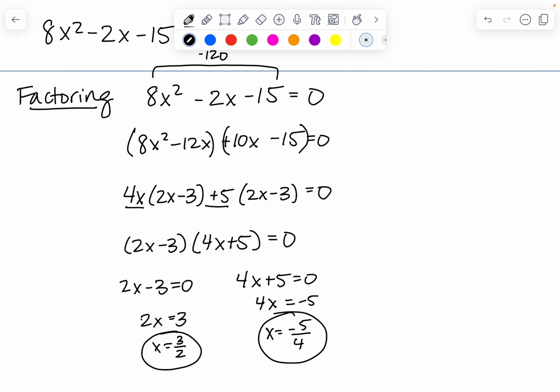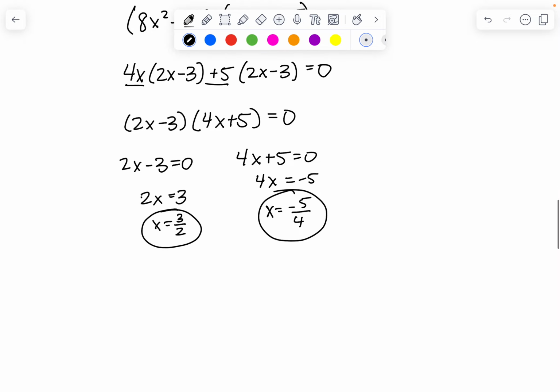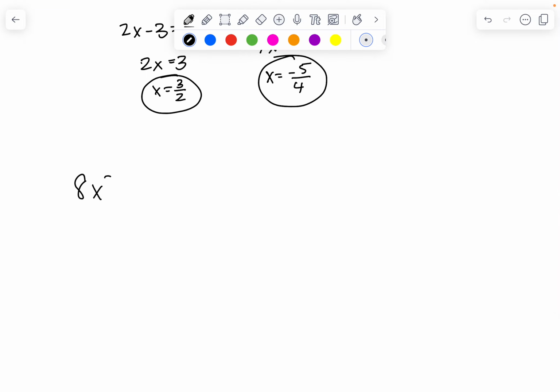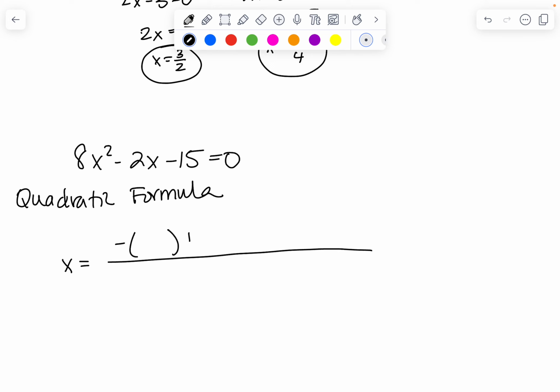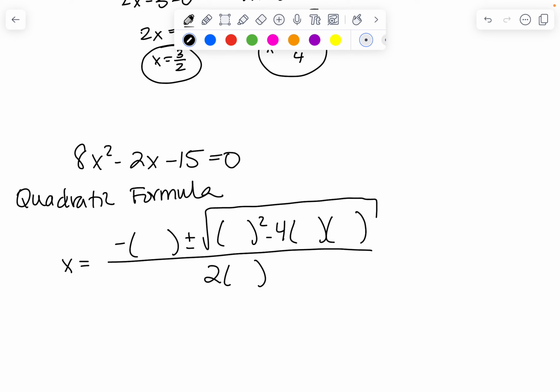You can also use the quadratic formula, though, and I'm going to show you that. 8x squared minus 2x minus 15 equals 0. We're going to do this one with the quadratic formula. So I'm going to start by writing my shell out. A is 8, B is negative 2, and C is negative 15.